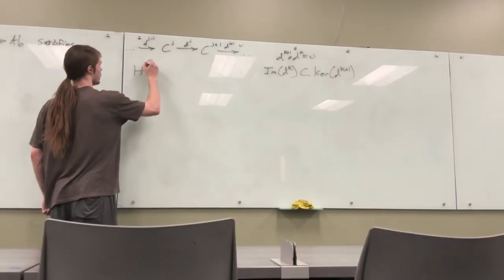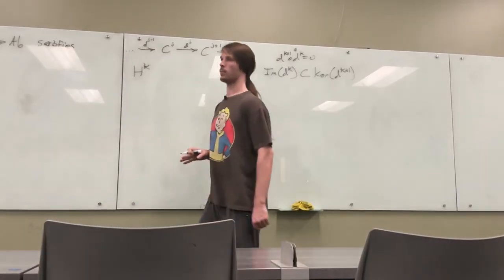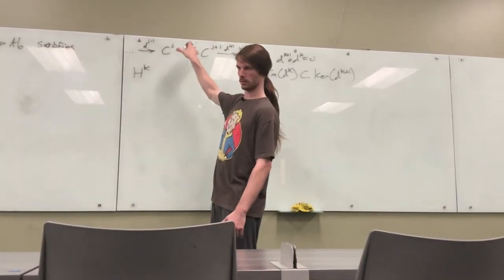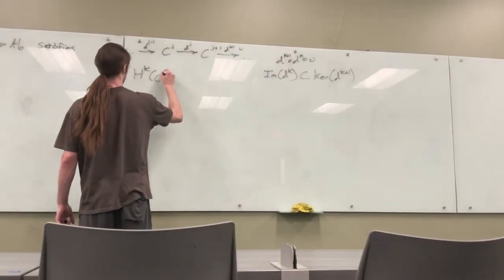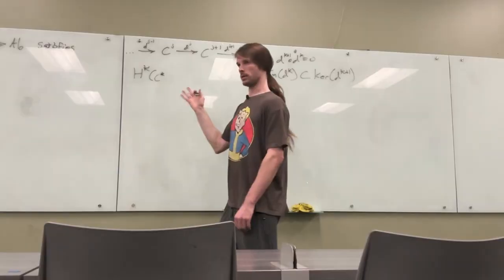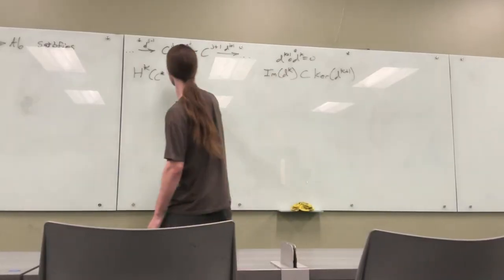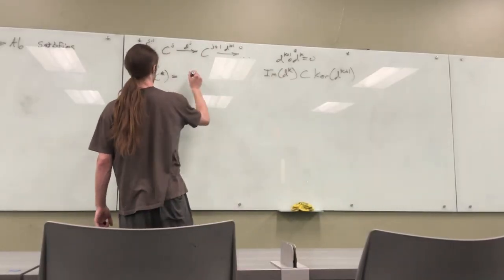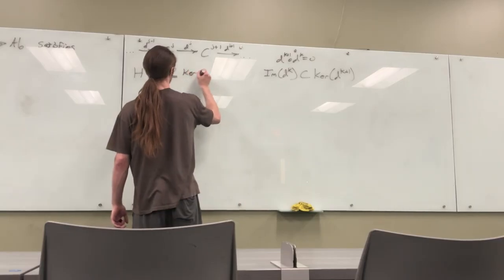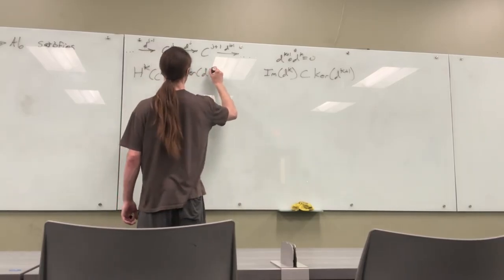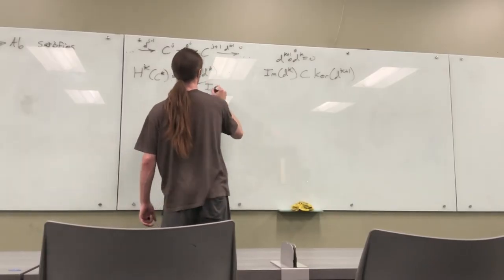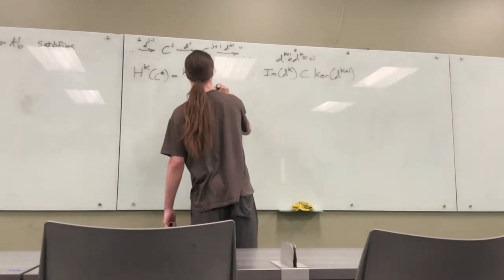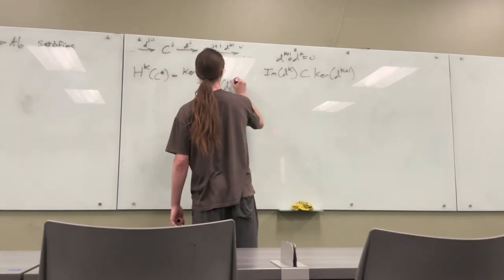We define the kth cohomology group of a cochain complex of this form, emphasizing that it's acting on C upper star as I have up there. That is simply going to be the kernel of the kth map quotiented by the image of the previous map, so the image of d_{k-1}.